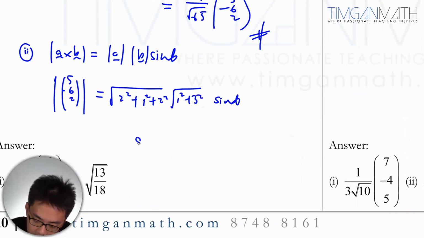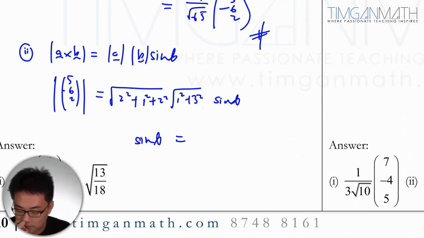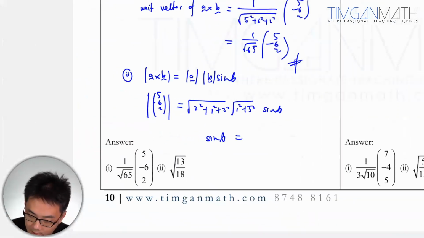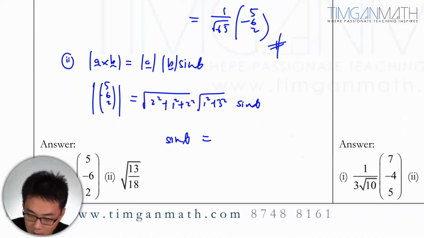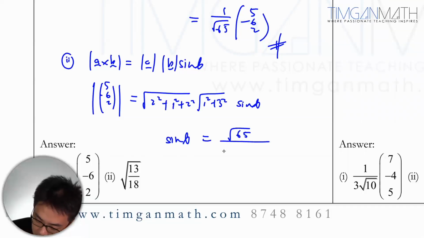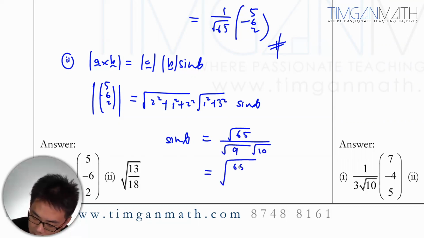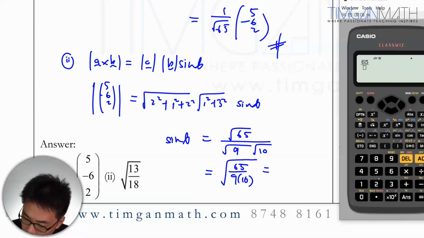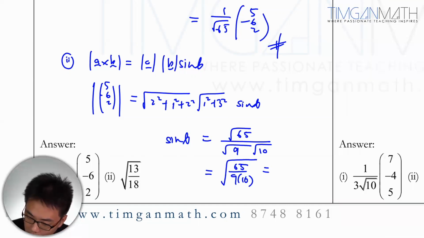Sine theta is 25 plus 6, 5 square, root 65 over 10. There you go.